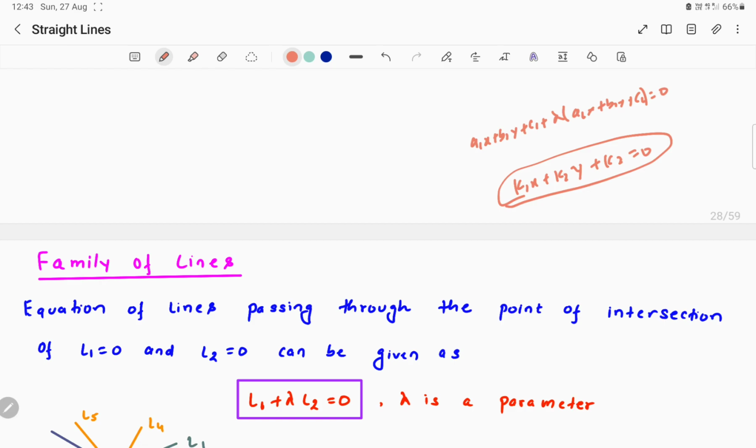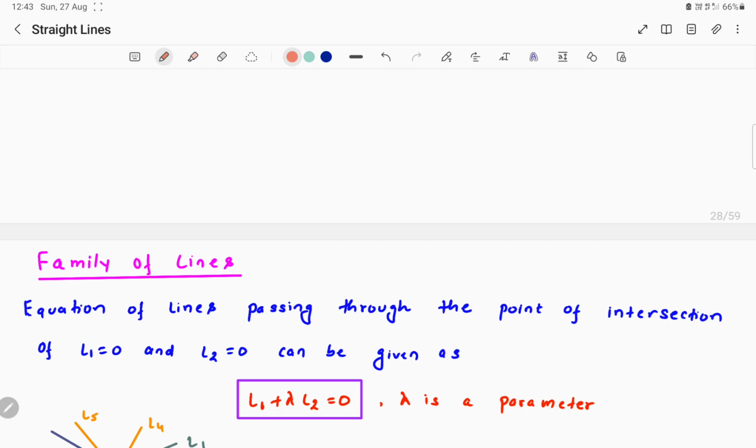Now the second thing to be confirmed is that it is passing through the point of intersection of L1 and L2. Let's say the point of intersection of L1 and L2 is the point (h, k). This is L1, this is L2. If (h, k) is the point of intersection and I substitute h, k in the first equation, the outcome will be 0. Similarly, if I substitute h, k in the second line equation, again the outcome will be 0, right?